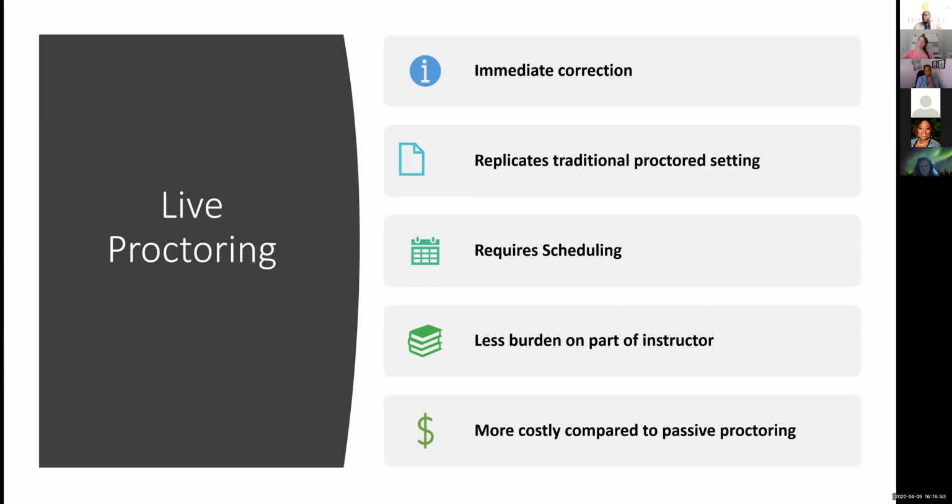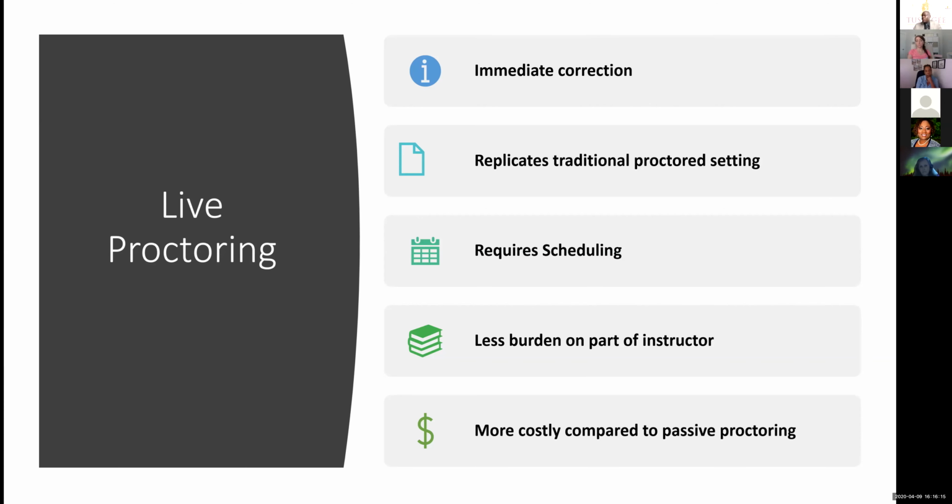You have a live proctor or person working with the student, and they will attempt to immediately address any incidents as they occur. And as much as possible, it tries to replicate what we have in traditional or face-to-face proctoring.